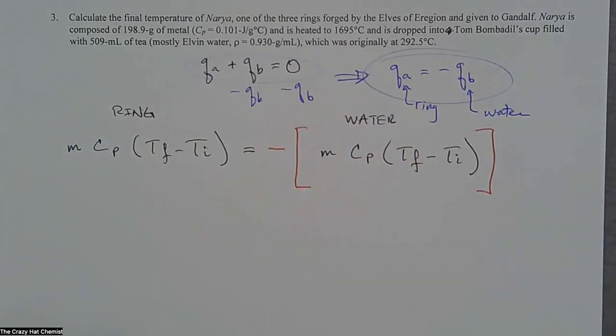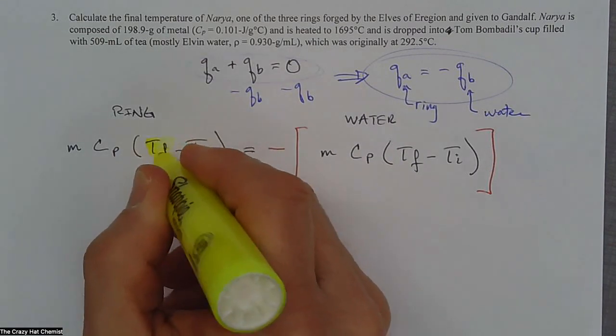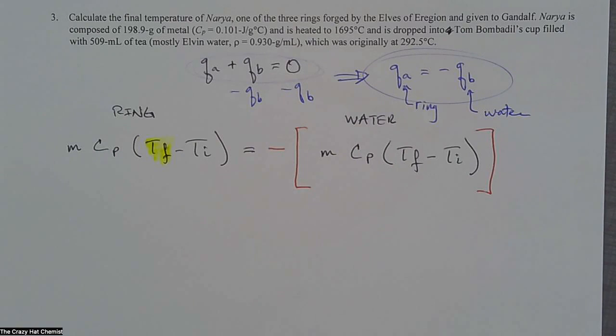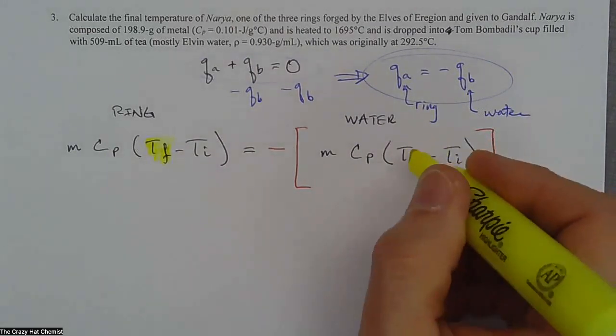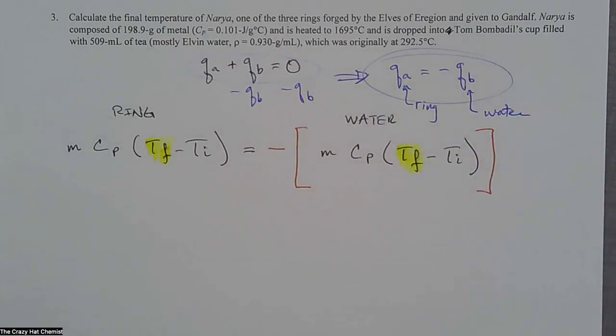Hopefully you can clearly see that. What we are solving for is the final temperature of the ring. The wonderful thing about this thermal equilibrium equation is that the final temperature of both substances, the ring and the water, is going to be the same. So both of these are going to be the same value.